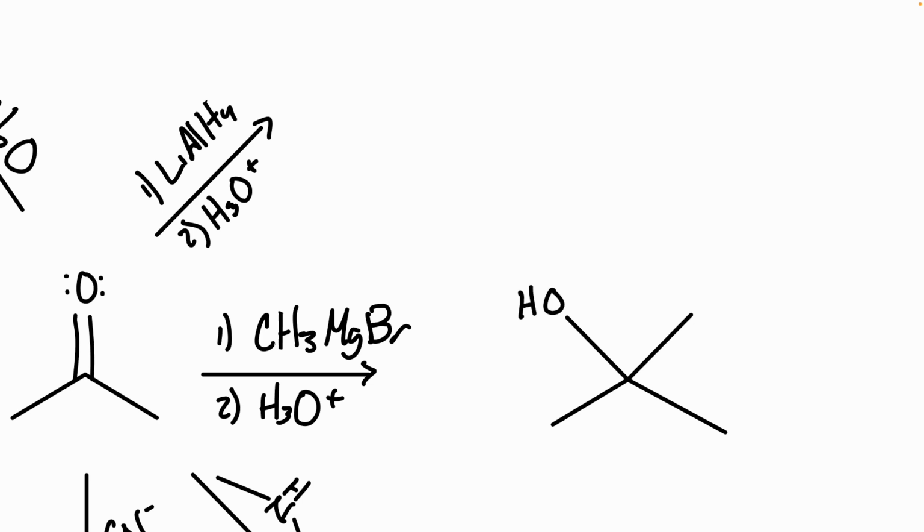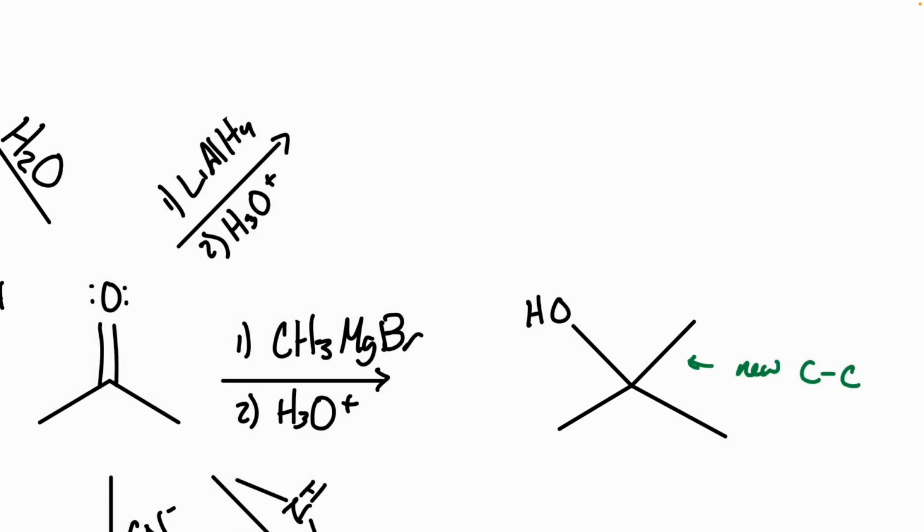For our Grignard reaction, we have this new carbon-carbon bond, whereas for our hydrides, we are reducing that carbonyl to an alcohol, and we create a new carbon-hydrogen bond, which I'm going to draw explicitly just to make a point. These mechanisms were incredibly similar here.